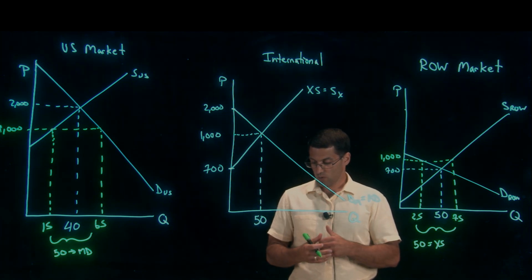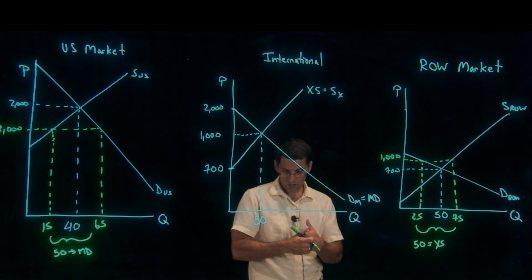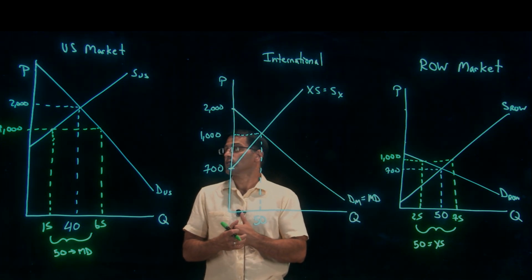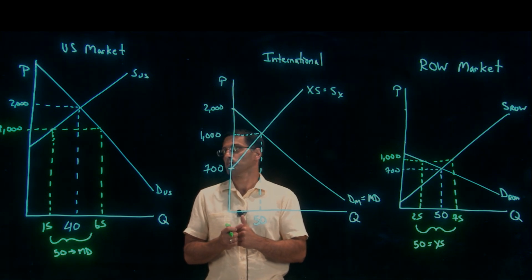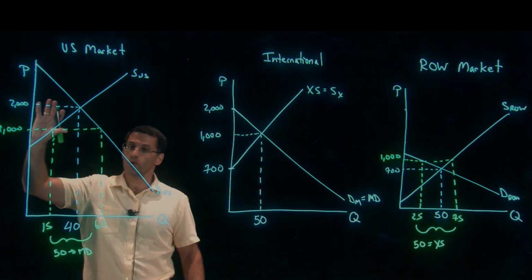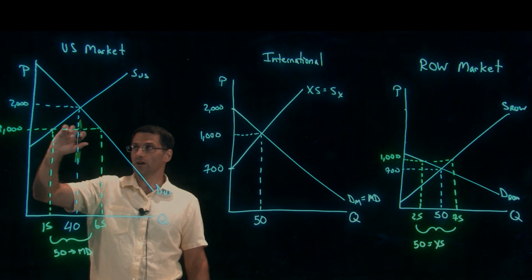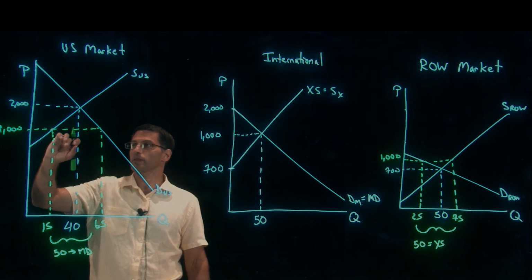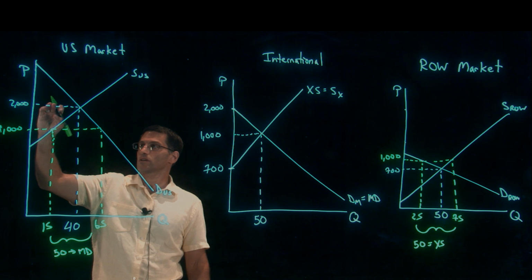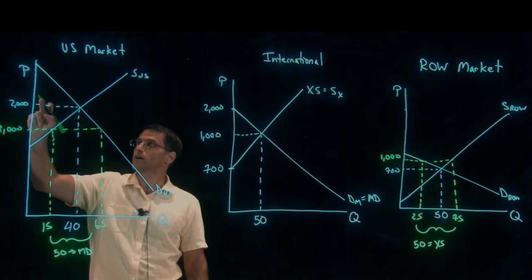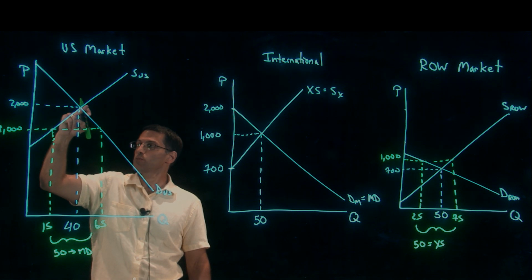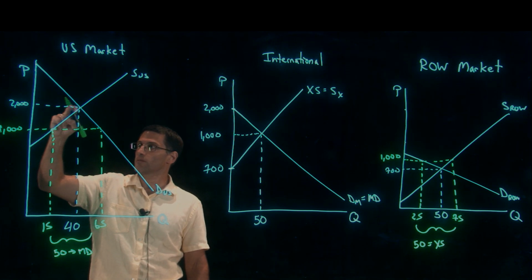Now, how do we show gains from trade here? Well, one thing we want to do is look at what happens to our surplus. So we'll start here with the U.S. market, since we already looked at this a little bit before. Initially, consumer surplus was this upper triangle here, and producer surplus was this lower triangle.